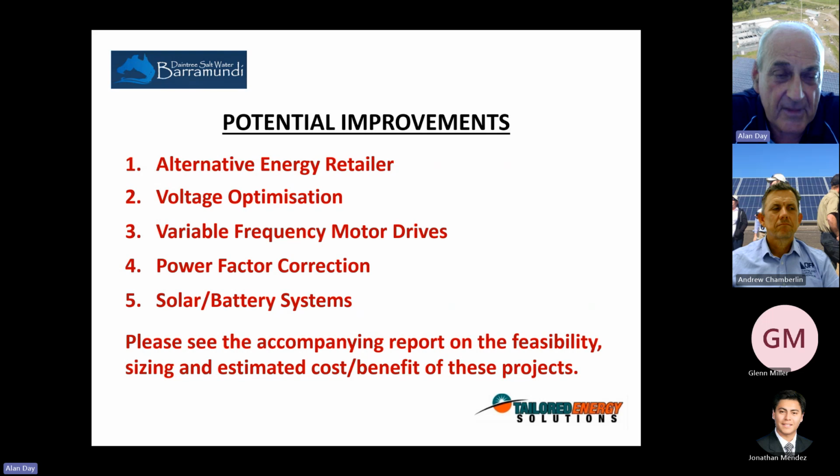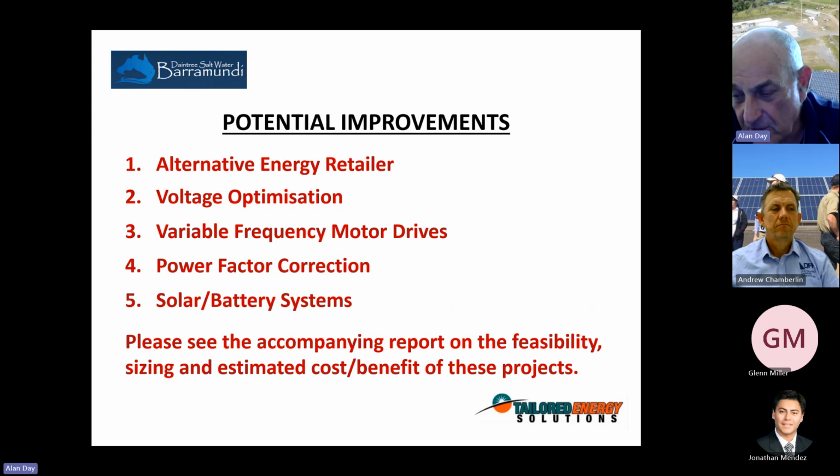One of the things that people really need to understand with this kind of approach of looking at improving the efficiency of individual pieces of equipment and the main switchboard is that you really can only do those projects one at a time, because everything you do in those areas will impact everything else.